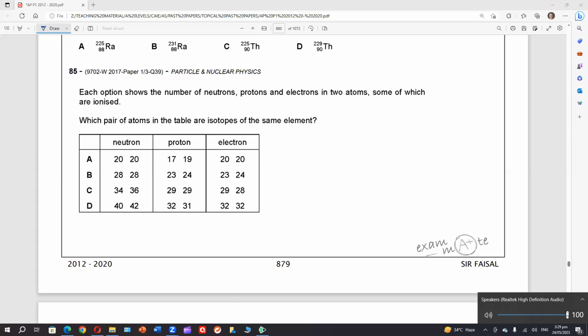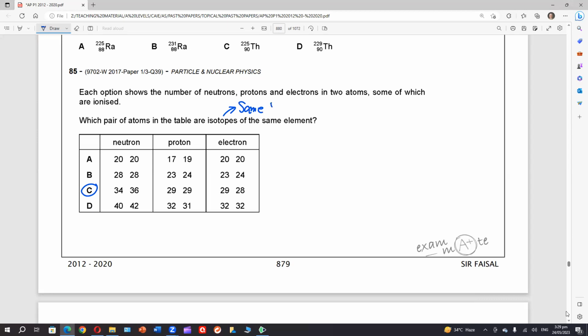But your answer is right because atomic number must be the same. No problem.